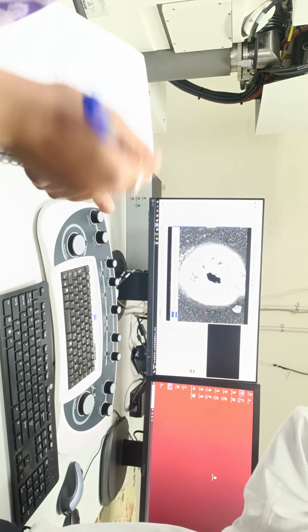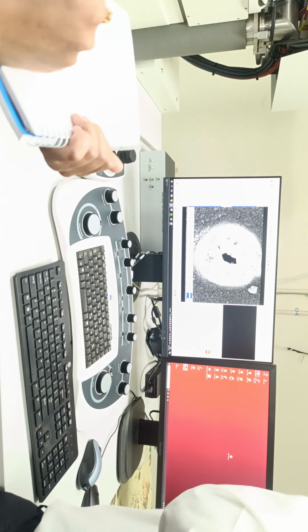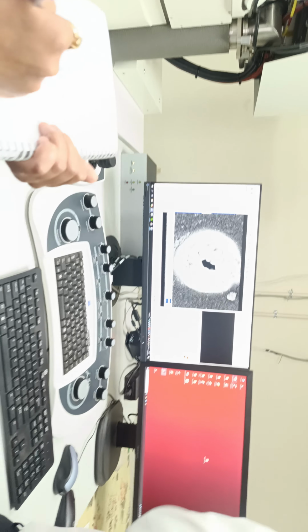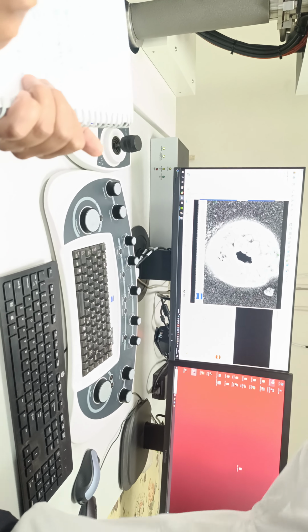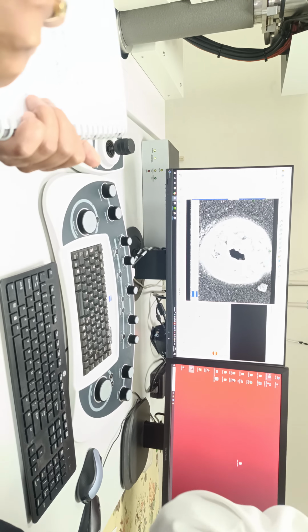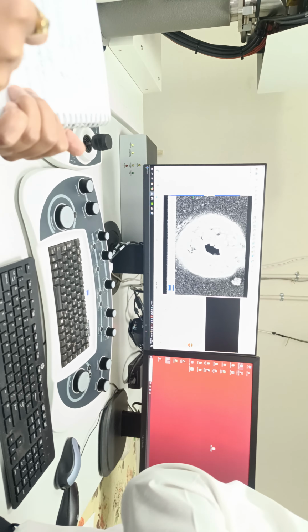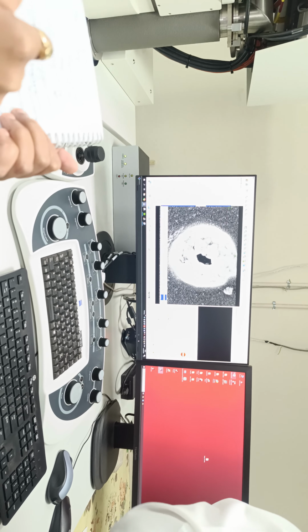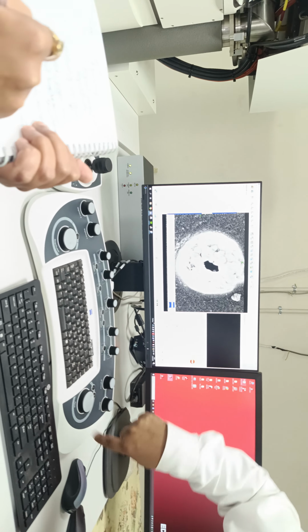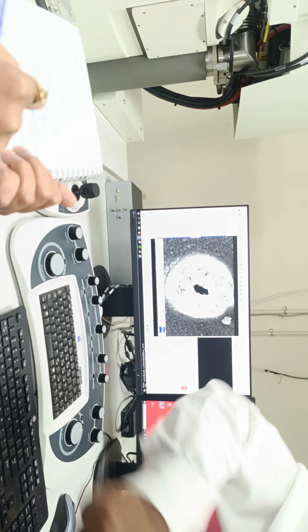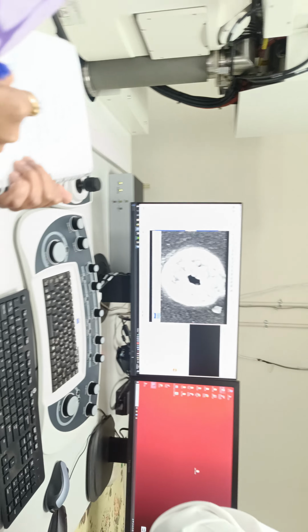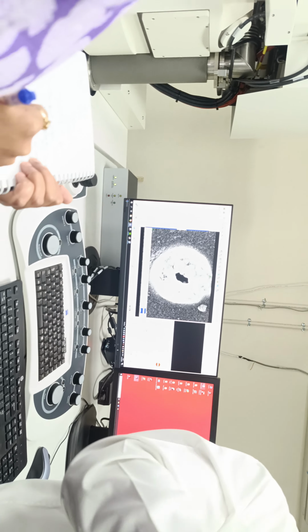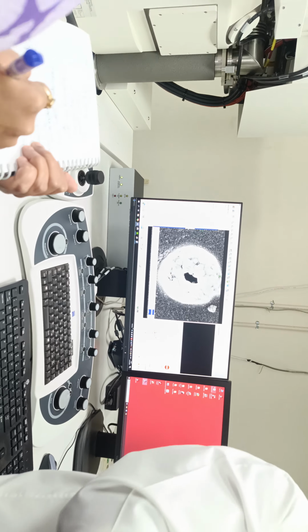There are two types of lenses: the condenser lens and the objective lens. The condenser lens is on the upper part of the electron column, and the objective lens is on the lower part. So when we change the focus, we are controlling the current in the objective lens. Exactly.